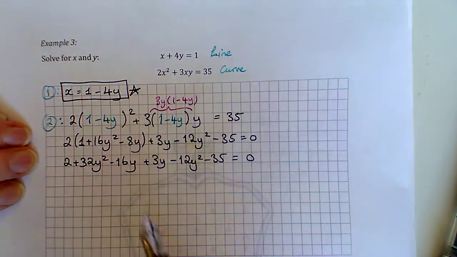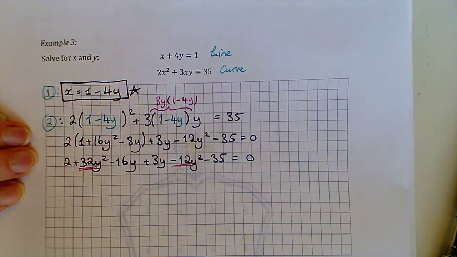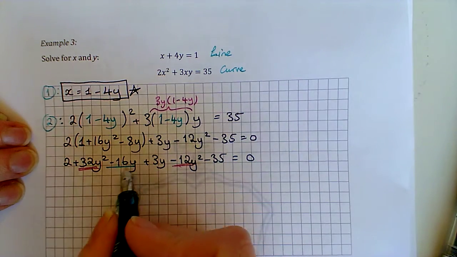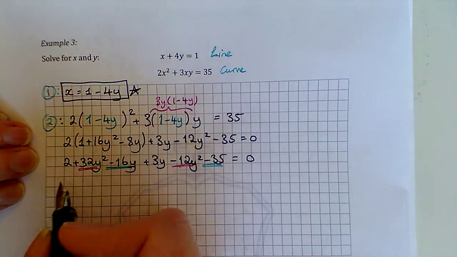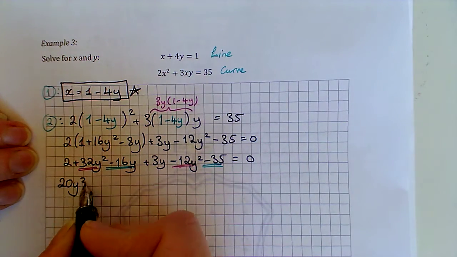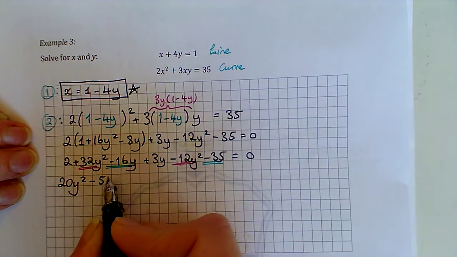And then it's just a case of like terms. Remember that the minus belongs to the number after it. So this simplifies to 32 take 12, 20y squared, minus 16 minus 35 is minus 51y.